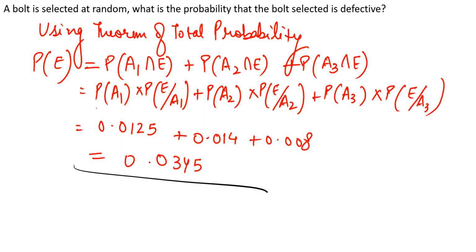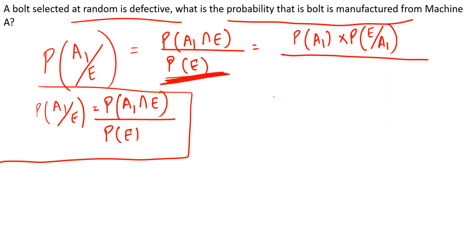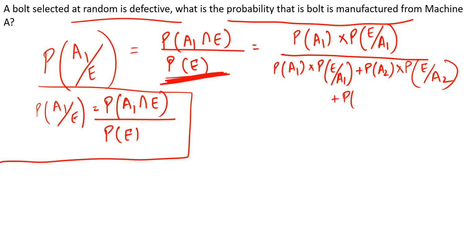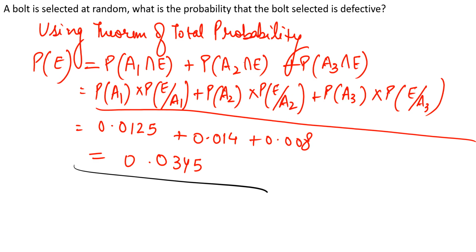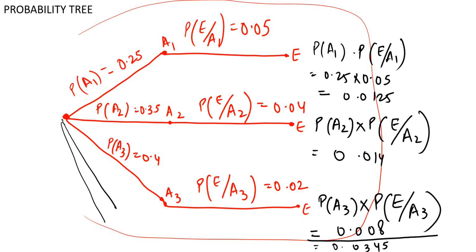We have found this: probability of A1 multiplied by probability of E given A1, plus probability of A2 multiplied by probability of E given A2, plus probability of A3 into probability of E given A3. This is the entire formula that I've copied over here.